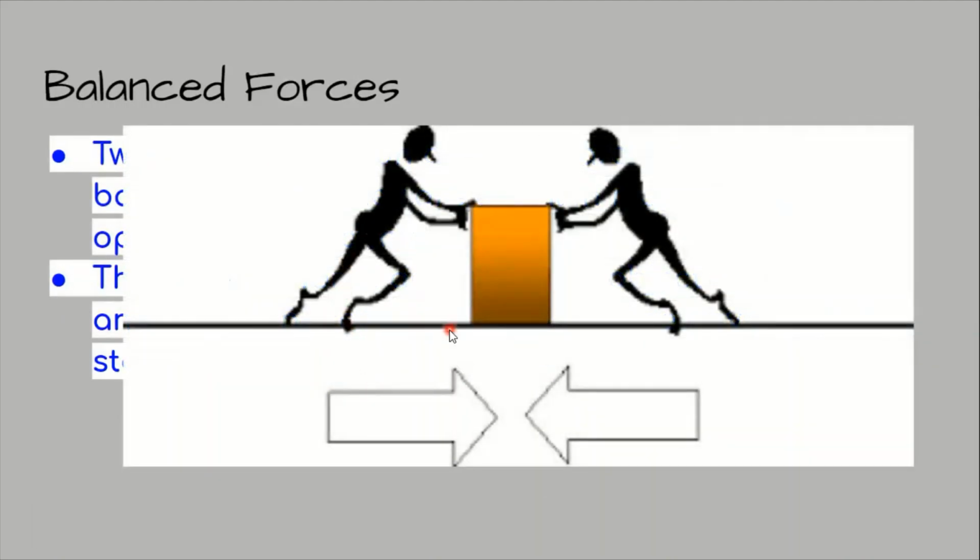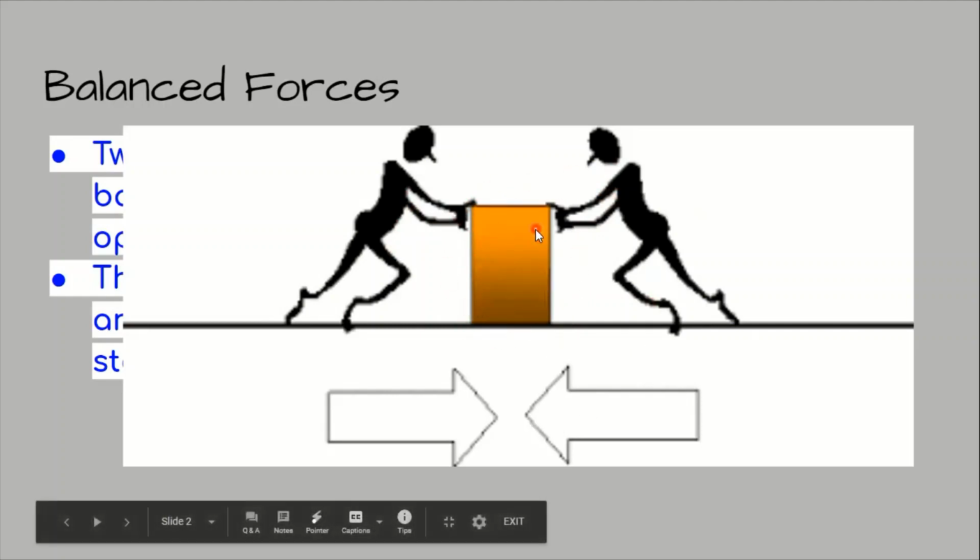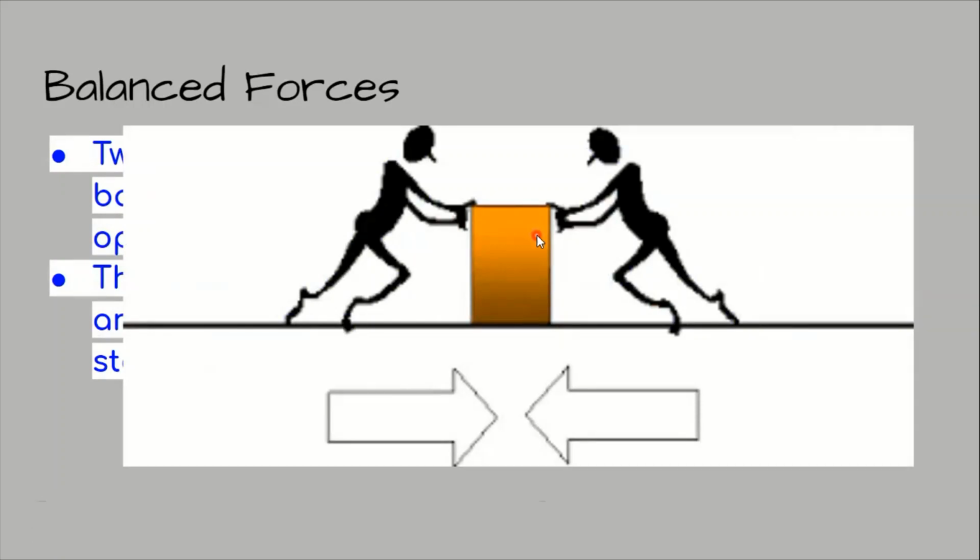In this picture, we see two people trying to push this object. But when they both are pushing this object in opposite directions, the force they are applying on this object is the same, so there is no change in its motion.